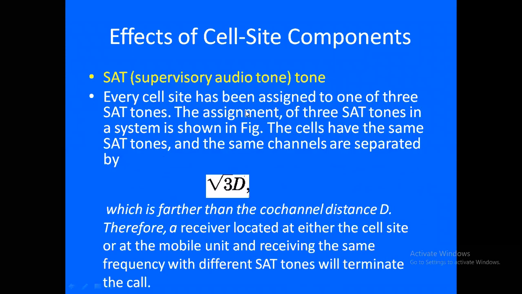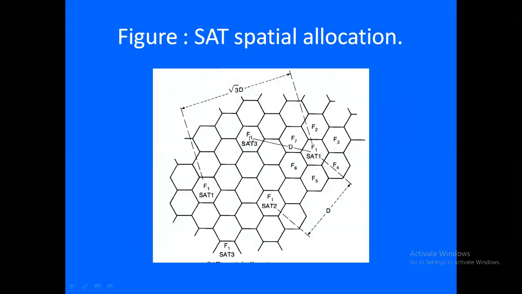Every site has been assigned one of three supervisory audio tones. The assignment of three supervisory audio tones in a system is shown in the figure. So we have F1, F1, F1, assigned to SAT1, SAT2, SAT3. These are the supervisory audio tones.